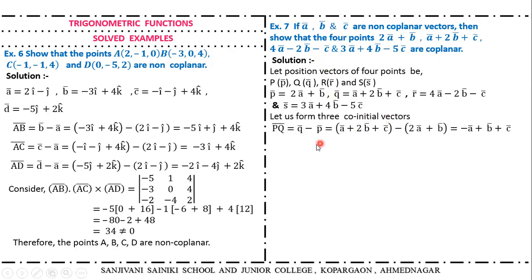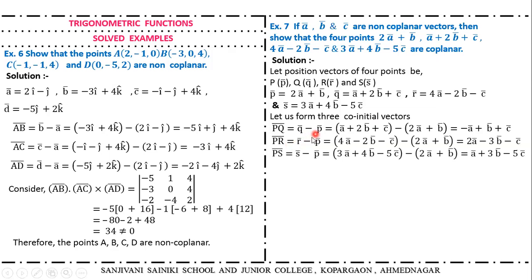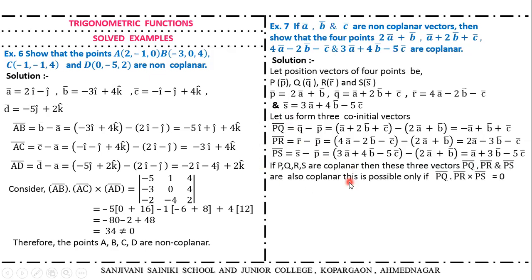From these 4 vectors, we will find the 3 vectors: PQ bar, Q bar minus P bar; PR bar, R bar minus P bar; and PS bar, S bar minus P bar. Once you find all these 3 vectors, take their scalar triple product. As we know, if P, Q, R, S are coplanar, then these 3 vectors PQ bar, PR bar, PS bar are also coplanar, and this is possible if and only if the scalar triple product is 0.